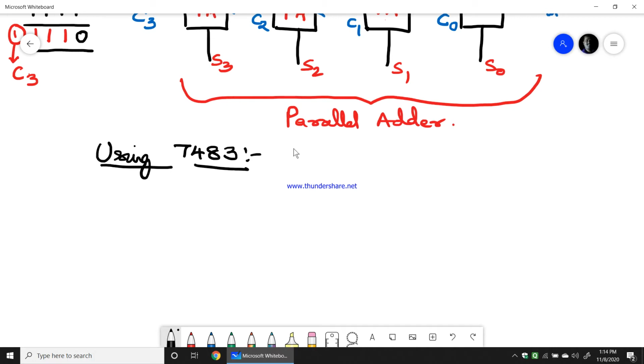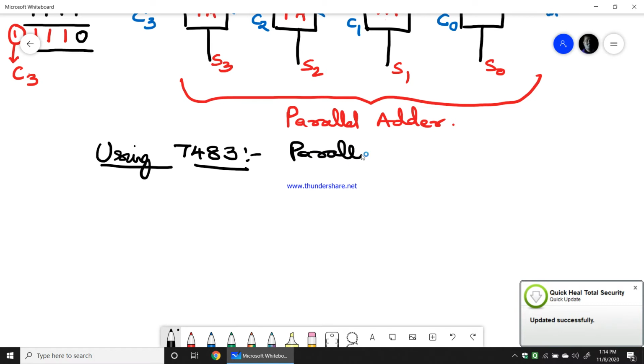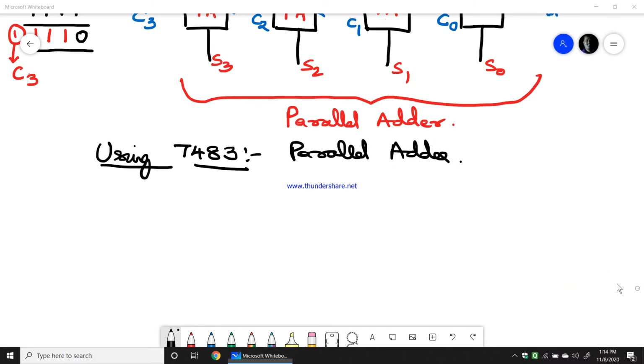How to design a parallel adder using 7483? 7483 is an adder IC which adds 4 bits.